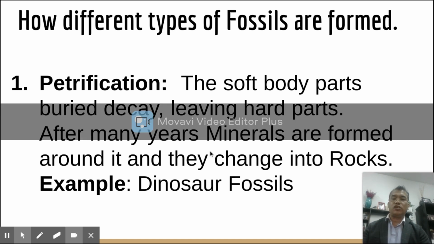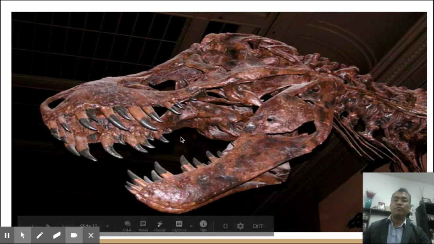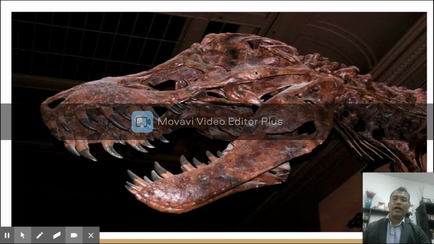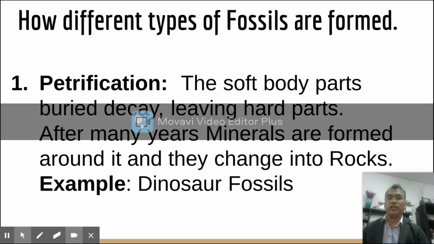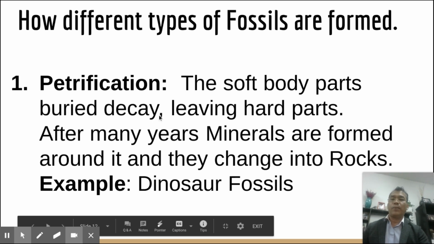After many years, minerals form around those hard parts and change them into rocks. For example, dinosaur fossils, see in the picture? The flesh and the skin decay quickly, and the minerals form around the bones and teeth. This is called petrification.